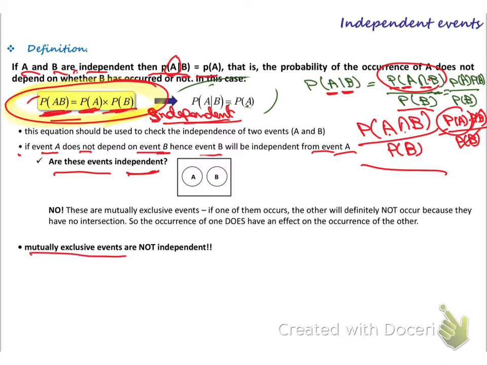But mutually exclusive events are not independent, like the head and tail. If one of them happens, the other one cannot happen, because they are mutually exclusive, either this or that.